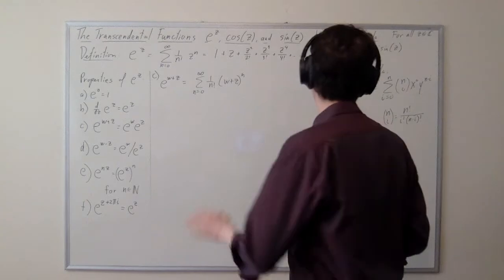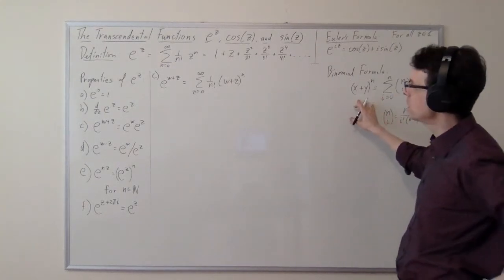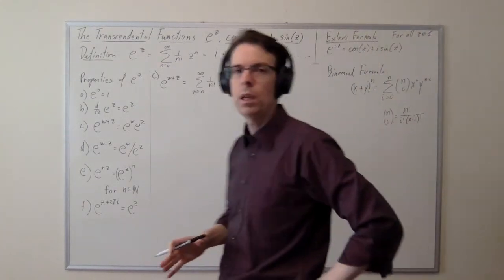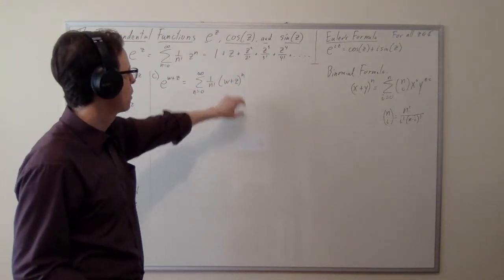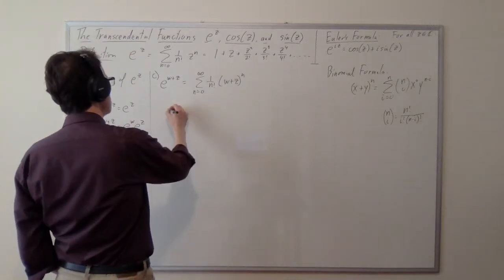And it works for real inputs, it works for complex inputs. In fact, it works in any commutative ring. So we can trust that the binomial formula is true for this summation w plus z. So let's throw it in there.